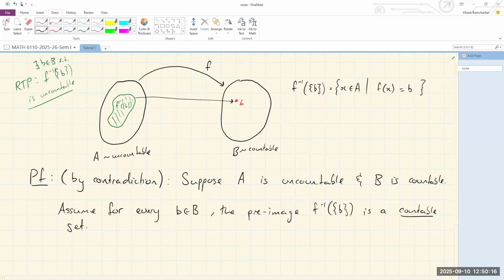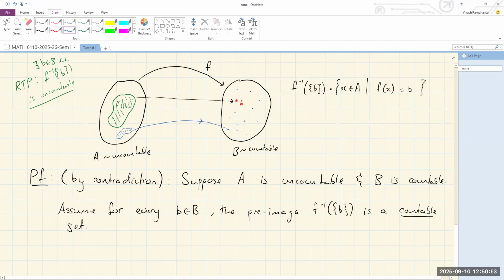The contradiction is not very difficult, because essentially what we're saying now is that for any point in this set B, if I look at its pre-image, that is, the set of points over here such that when I apply f to it, I end up at this point in B, I'm assuming that all these sets are countable, okay?